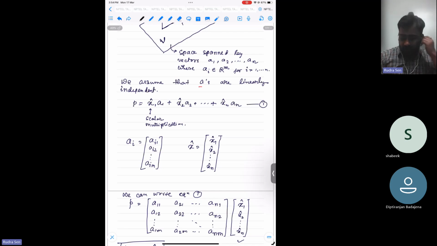M is less than or equal to n? No, you said it wrong. n is less than m, not m is less than n.